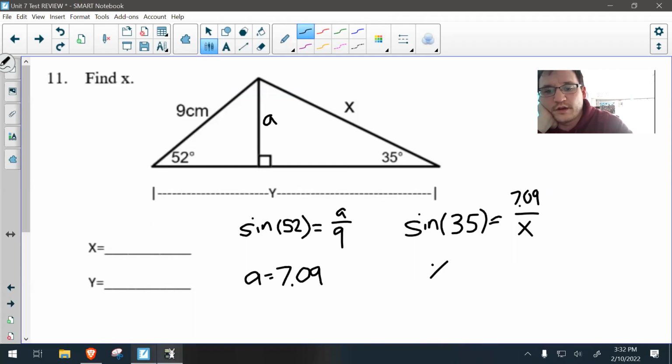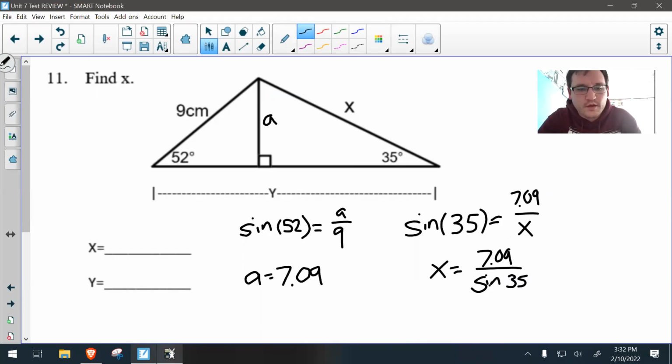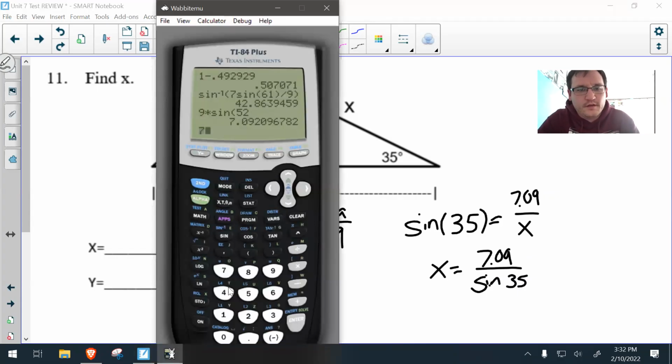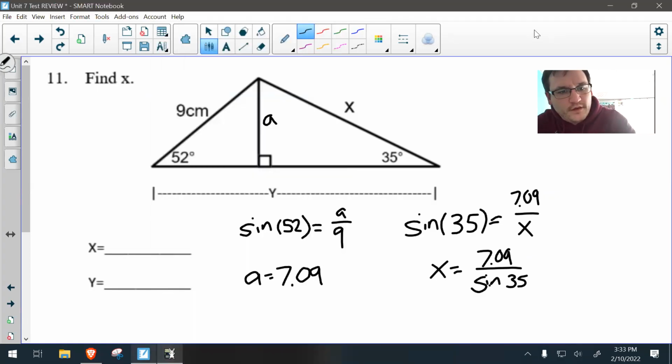All right, so we solve this, we're going to get X equals 7.09 divided by the sine of 35 this time. So this is kind of like a two-step problem. So let's just type that in again, 7.09 divided by the sine of 35, and that gives us 12.36.